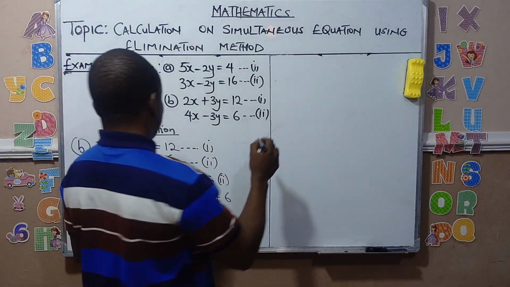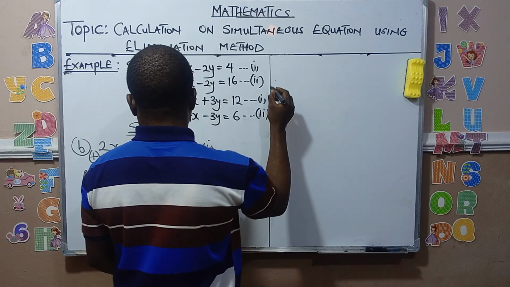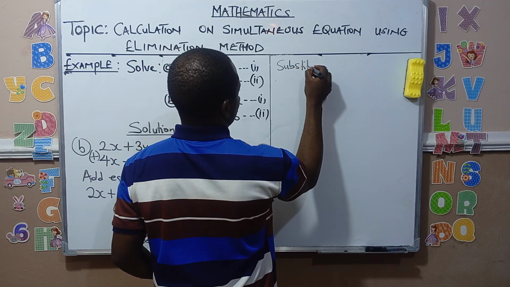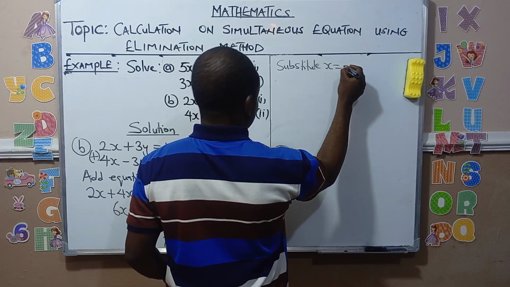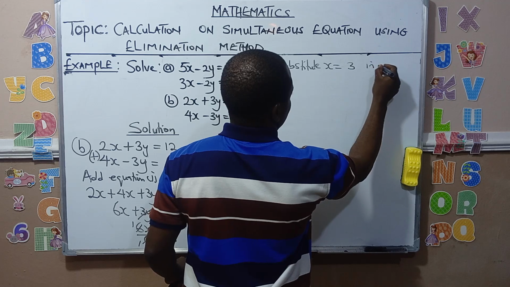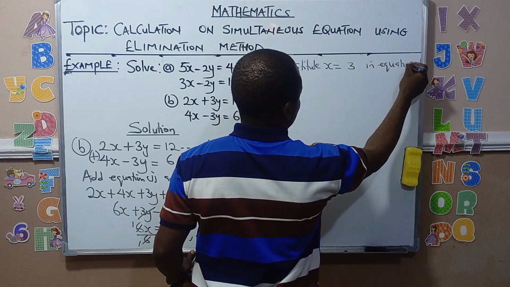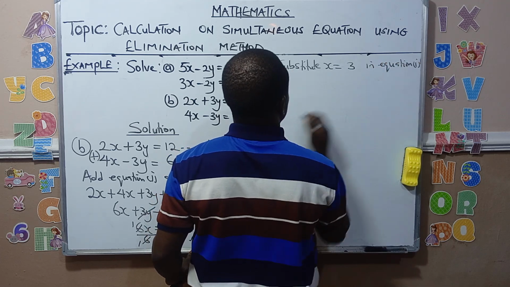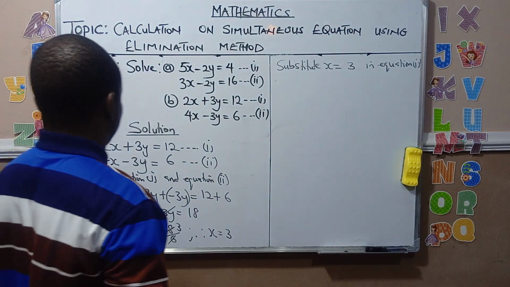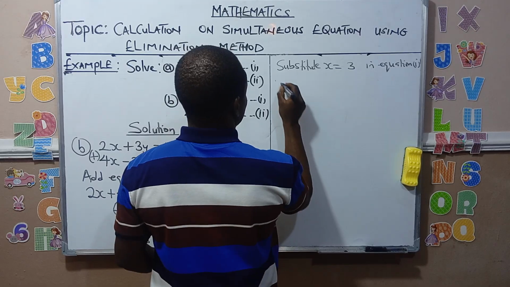Now let's substitute the value of x in equation 1. Substitute x equals 3 in equation 1. When you do that, you have 2x.